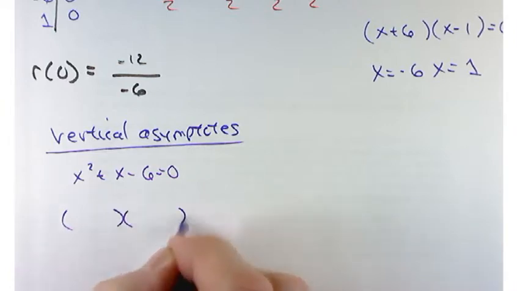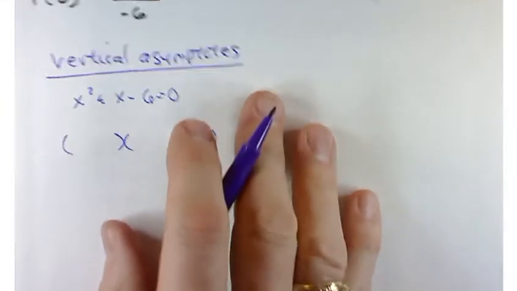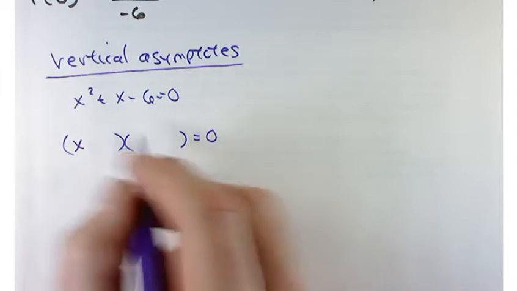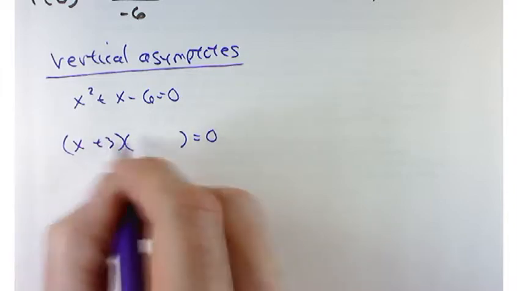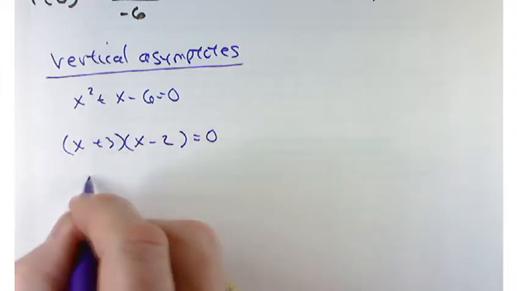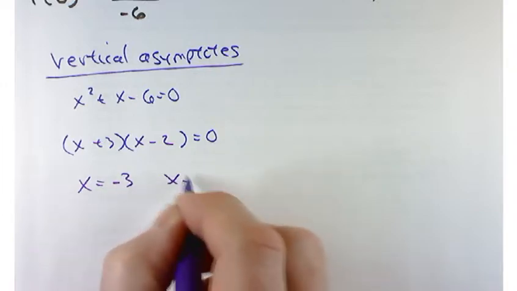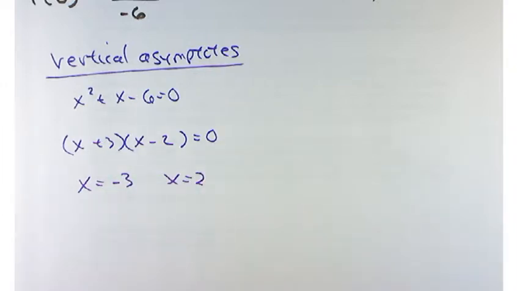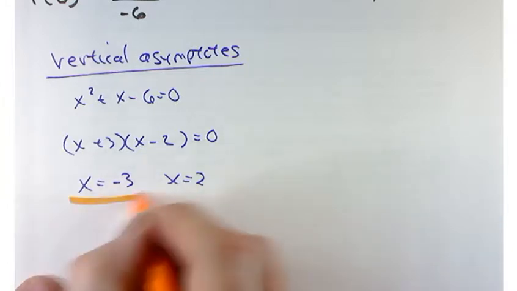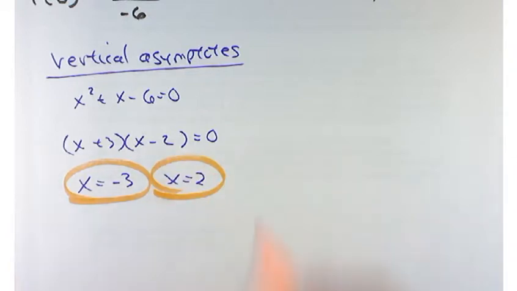And again, some friendly factorization. Plus 3 and minus 2. There's your vertical asymptotes. Please make sure you give me the x equals negative 3 and the x equals 2.